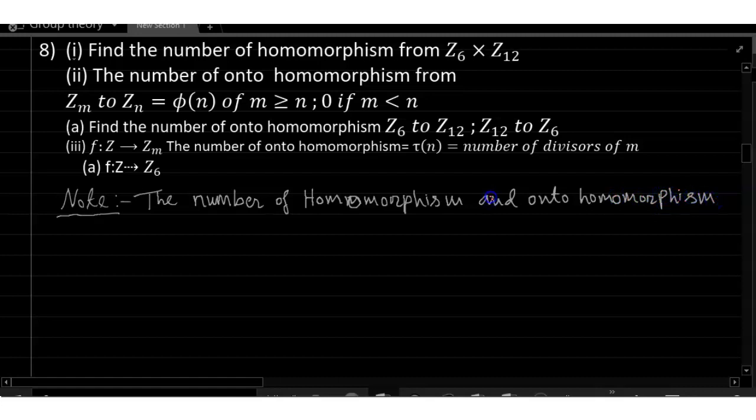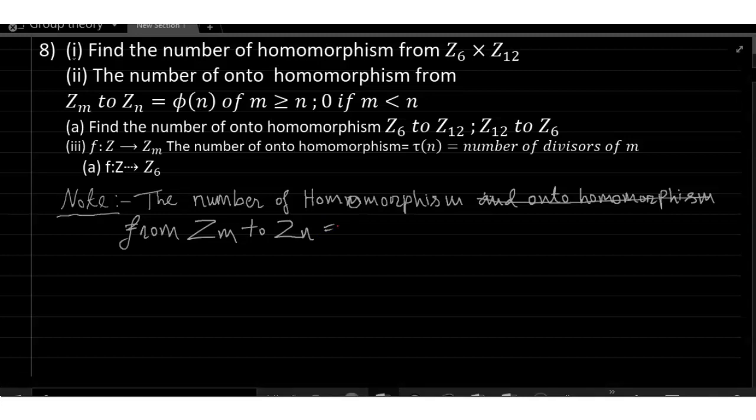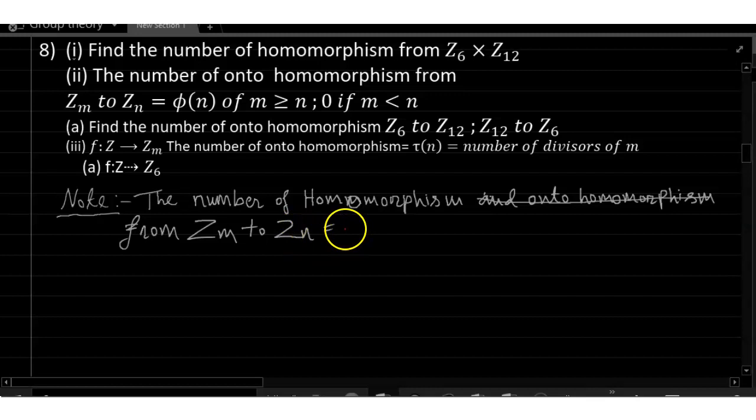The number of homomorphisms from Zm to Zn is equal to GCD of m, n. So find the number of homomorphisms of Z6 to Z12.